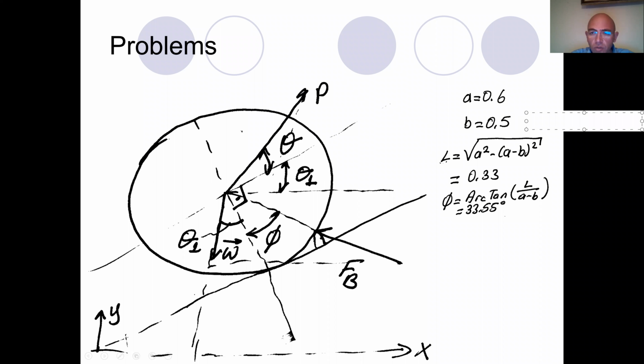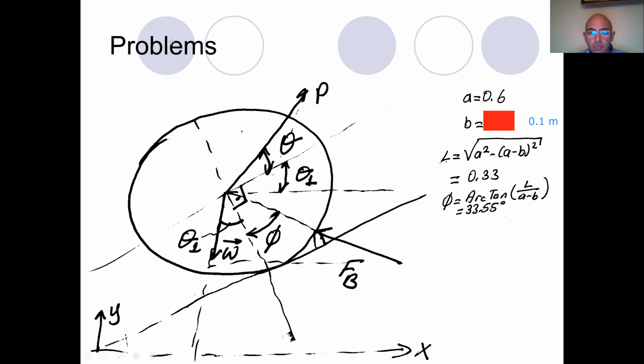B is equal to 0.1 meters, A is equal to 0.6 meters.